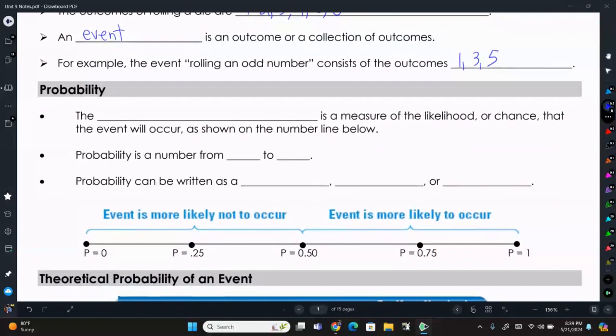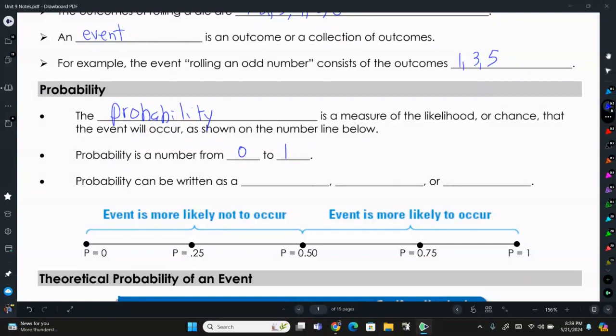So the probability is a measure of the likelihood or chance that an event will occur, as shown in the number line below. So probability is a number from 0 to 1, but you probably don't think of probability like that.